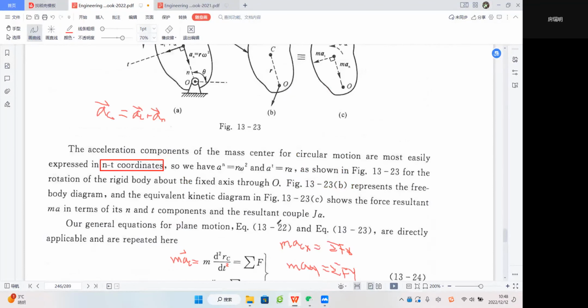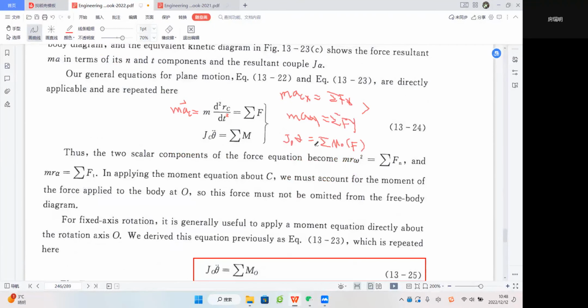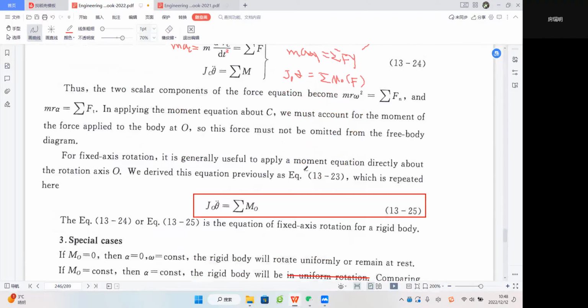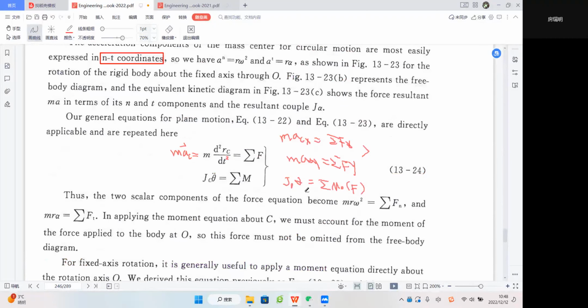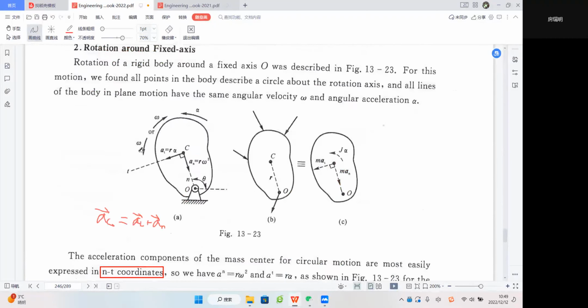It is JO alpha equal sigma MO of F. So I think this is almost the same as the plane motion of a rigid body, right? So these two parts will be 质心运动定理, and this is JO alpha equal sigma MO of F, right? That's the differential equation of a rotation around a fixed axis body, right?